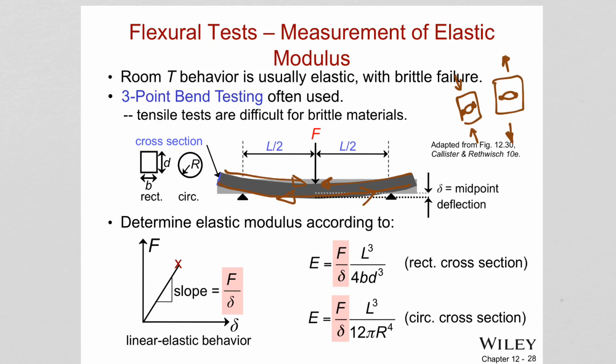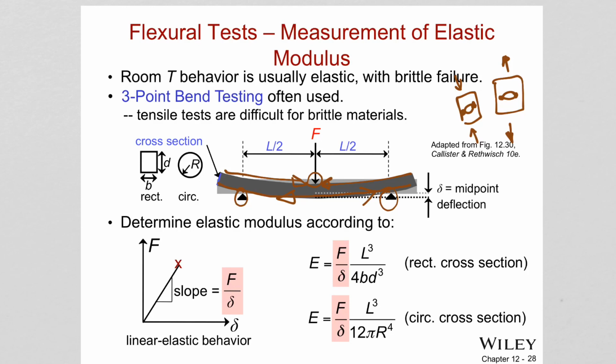This test is called the 3-point bend test because there are 3 points where the force is applied, bending the material, and then you are measuring the strength, up until the fracture.